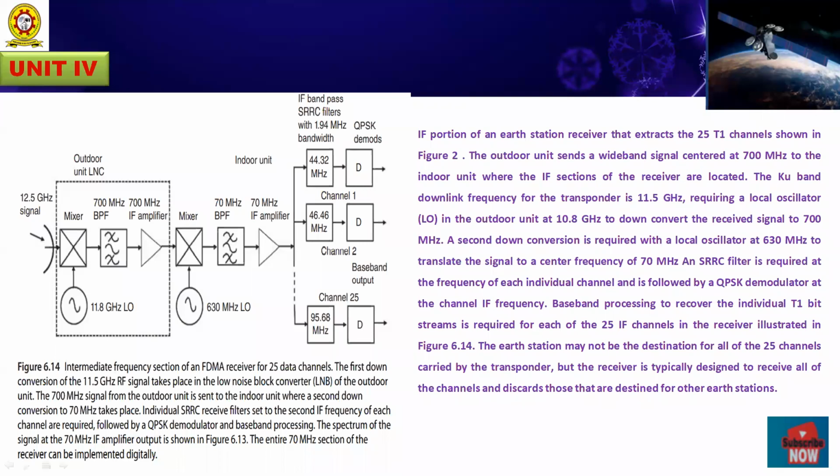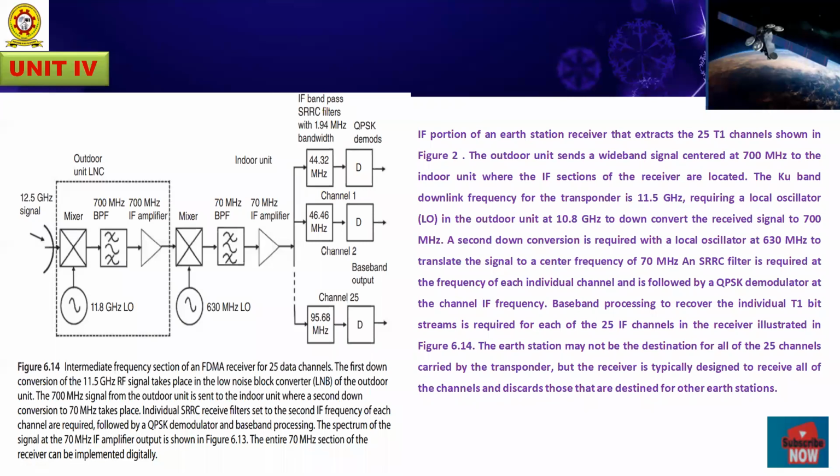Whatever signal is generated from the mixer is band restricted by a band pass filter. When this signal is transmitted through the band pass filter, the filter allows signal frequencies up to 700 megahertz.